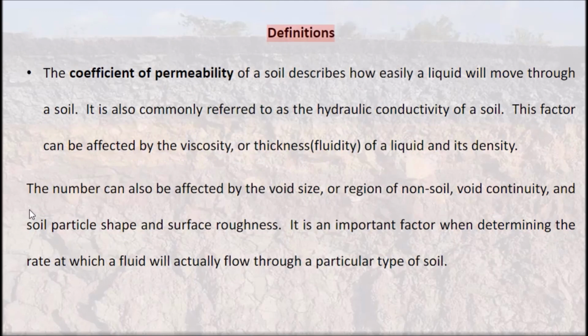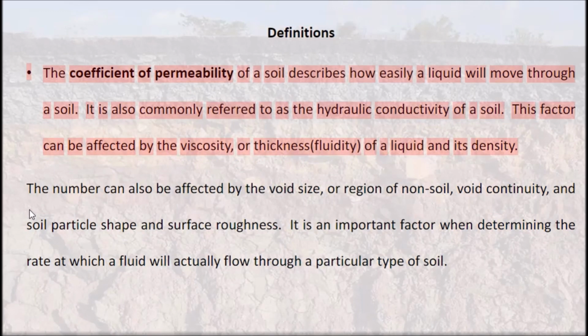Definitions. The coefficient of permeability of a soil describes how easily a liquid will move through a soil. It is also commonly referred to as the hydraulic conductivity of a soil. This factor can be affected by the viscosity, or thickness, fluidity, of a liquid and its density.